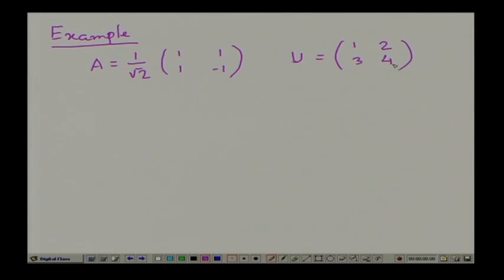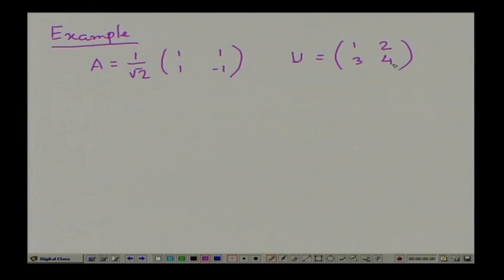In this example, we will see how this input image U can be transformed with this transform matrix A, and if I take the inverse transformation of the coefficients, we should be able to get back our original input image U.